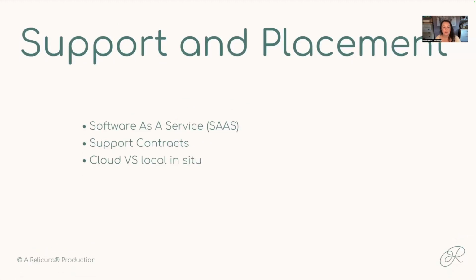Okay, support and placement, two major things to think of as you are considering types of collections management systems. First of which for consideration is software as a service or SaaS. As general population, we're very used to software as a service at this point. Many of the products that we use, especially software, tends to be subscription model, tends to be software as a service.